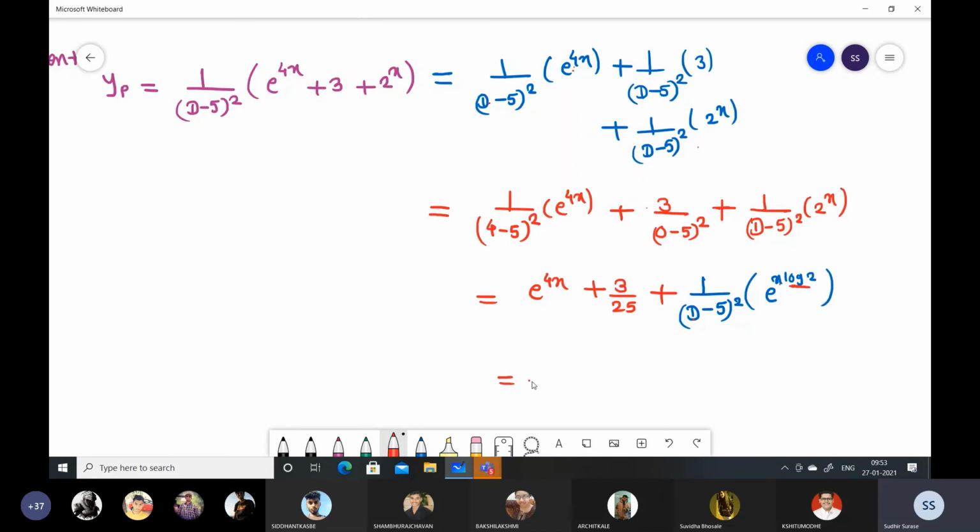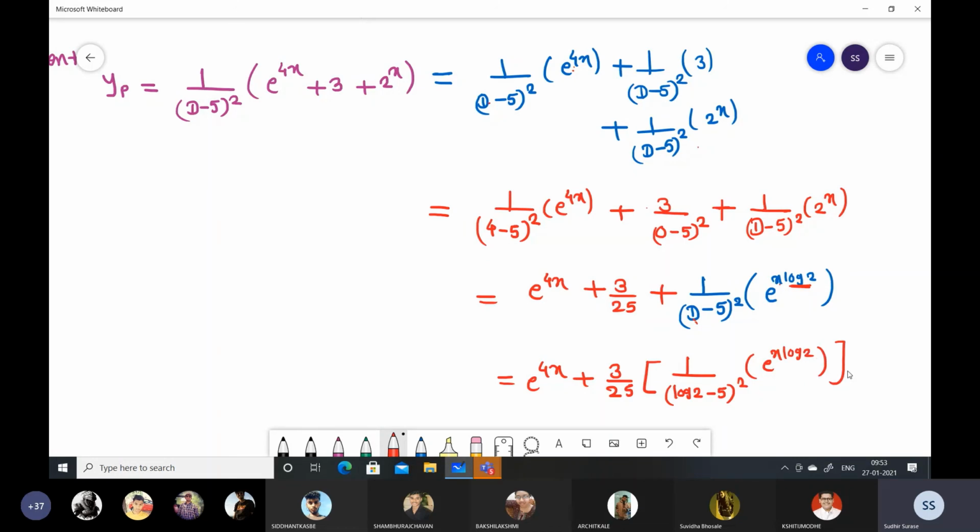Therefore this will be e to the power 4x plus 3 by 25. And now I can replace the value of D by log 2, so 1 upon log 2 minus 5 whole square, and this term e to the power x log 2 as it is.